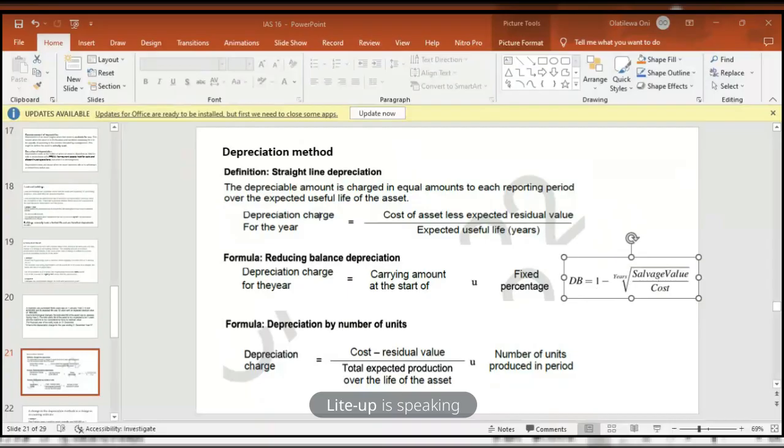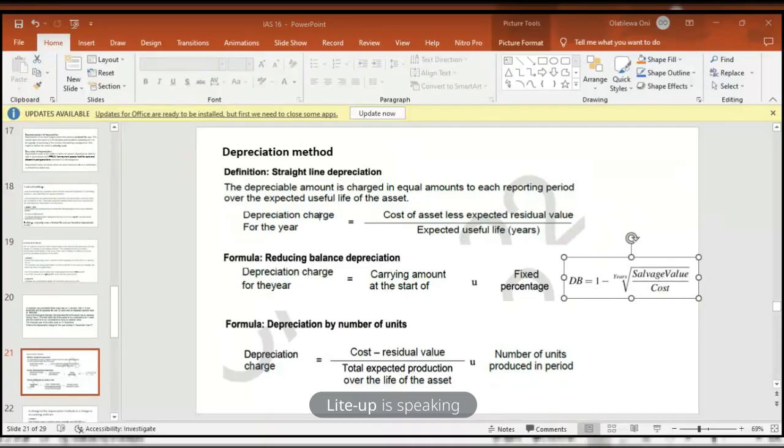But in case we have a question, okay, let's do this. Where is the question I used for this? This one that has residual value. Now, if we are given a question like this for reducing balance, they will give us the rate.